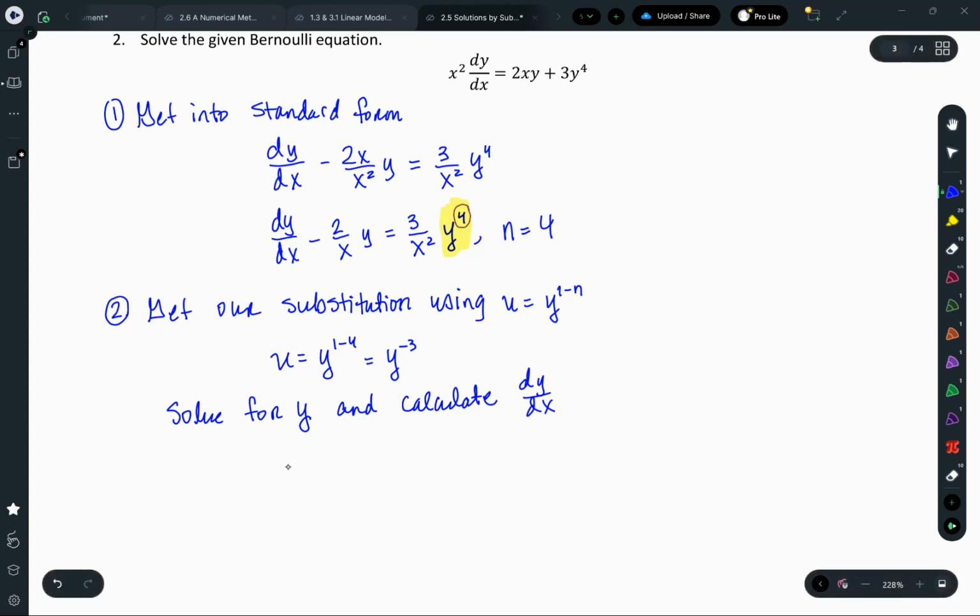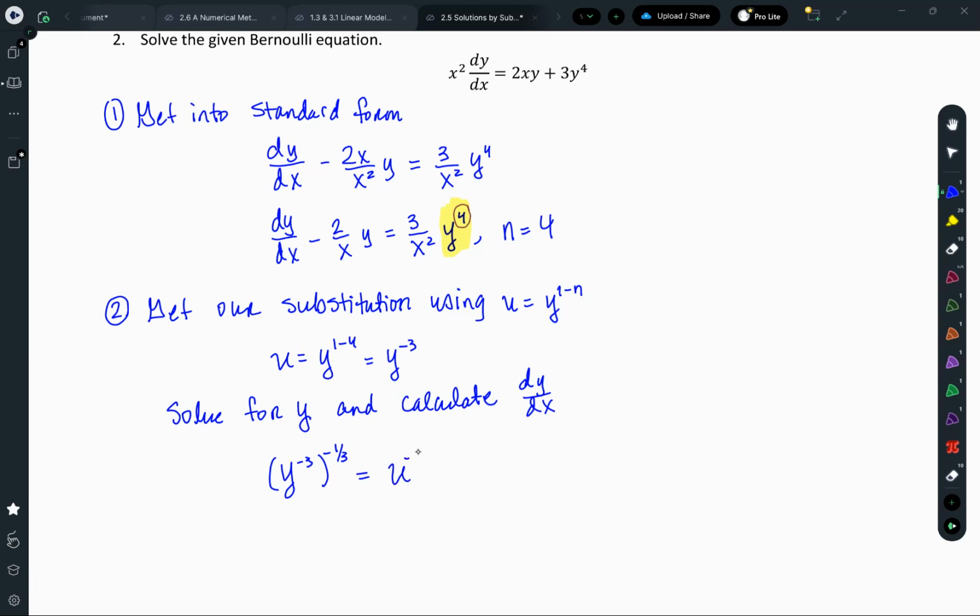And so it turns out if I have y to the minus 3 and I raise it to a negative 1/3 power, power to a power, when you multiply, that simplifies down to just 1. So it looks like I'm going to need to raise both sides of my equation to a negative 1/3, and then I will have y is equal to u to the negative 1/3. And that's my substitution, okay?